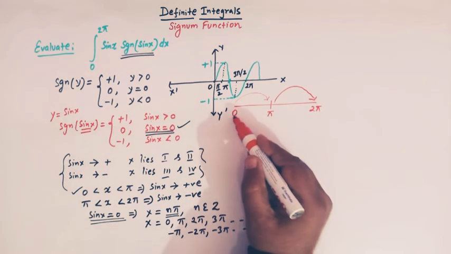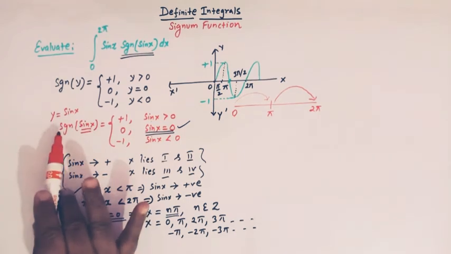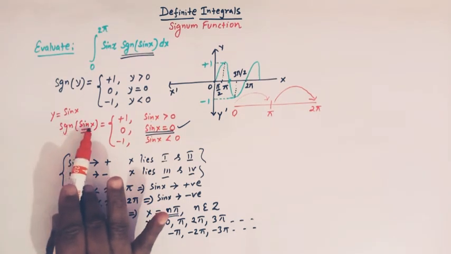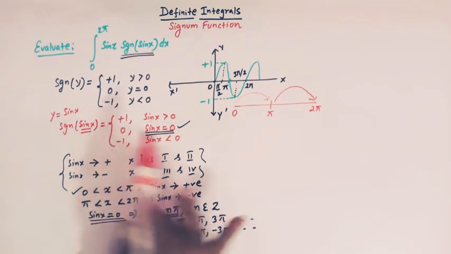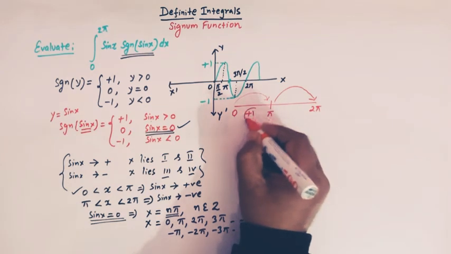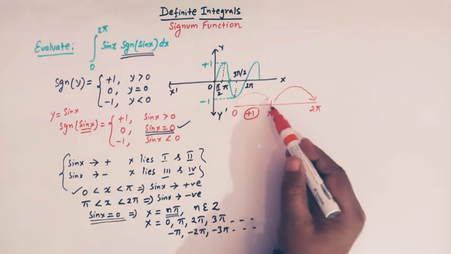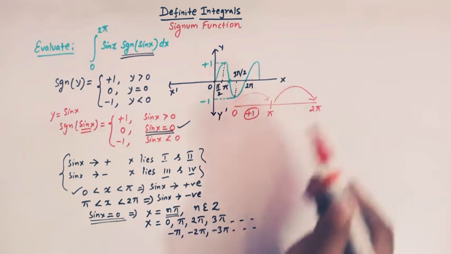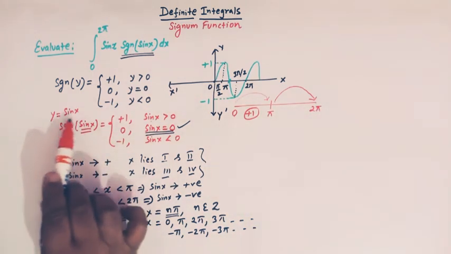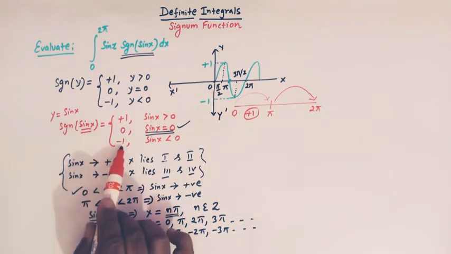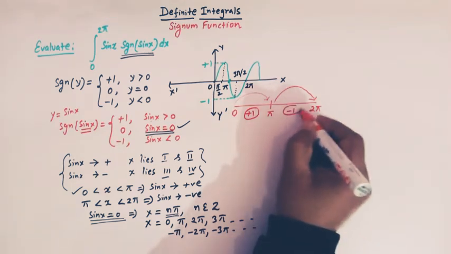When we go from 0 to pi, the value of signum of sine x is equal to positive 1, and when we go from pi to 2 pi, the value of signum of sine x is equal to minus 1.